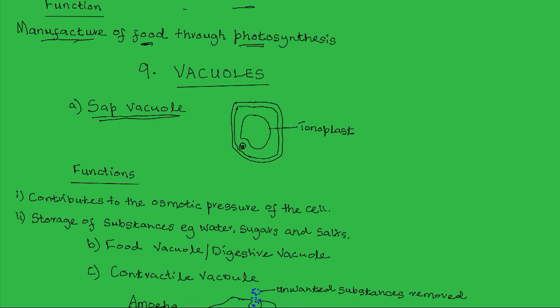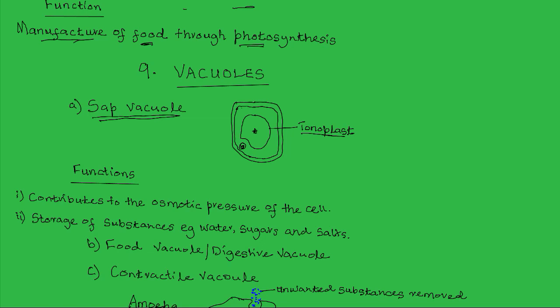Sap vacuole is usually large and centrally placed and is surrounded by a membrane known as the tonoplast. Sap vacuoles occur in plant and animal cells, only that in animal cells the vacuoles are very small and temporary, but in plant cells they are large and they occupy the central position of most of the plant cells.